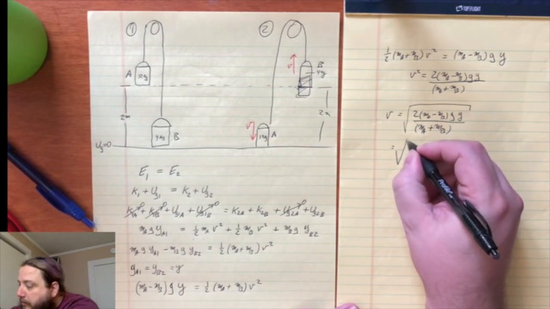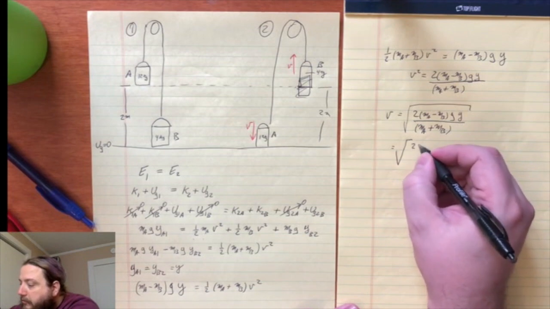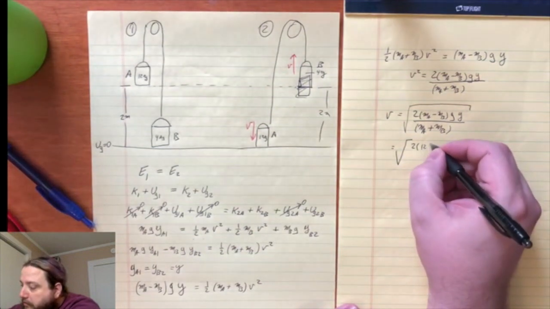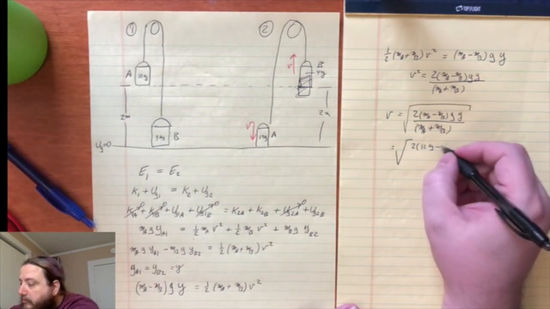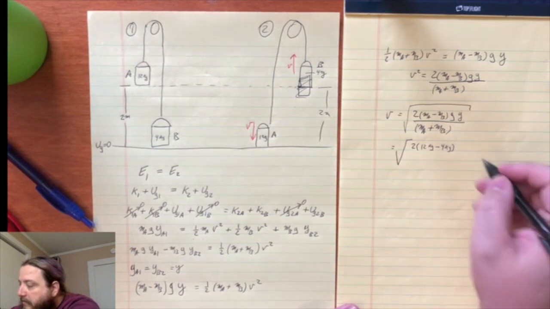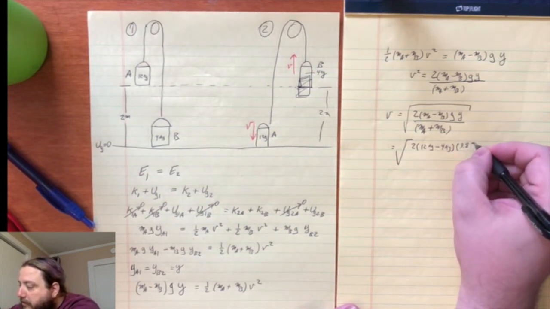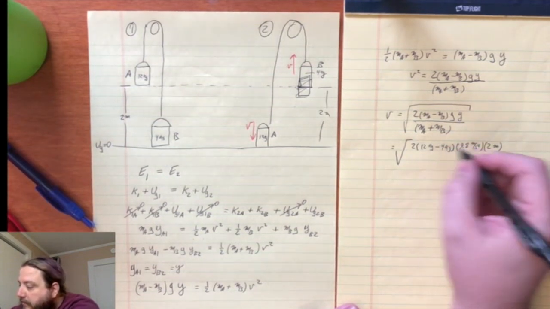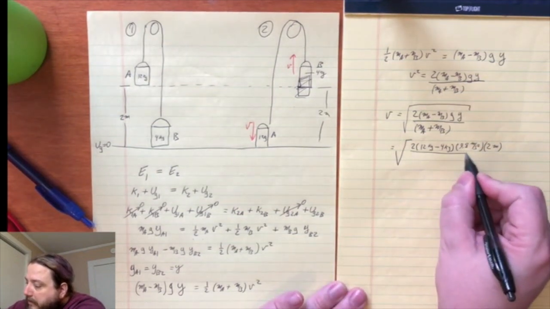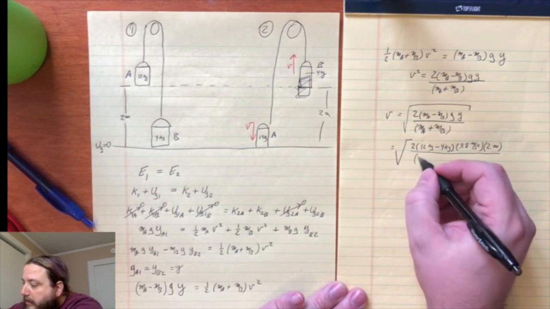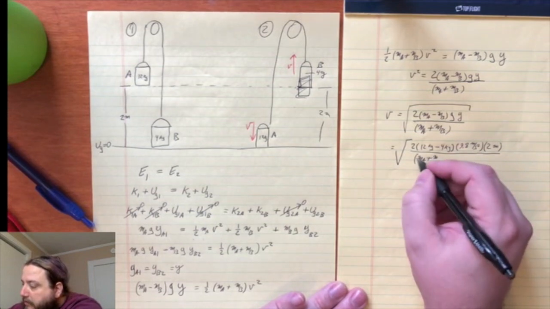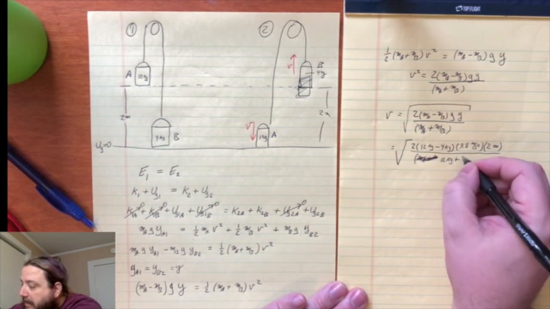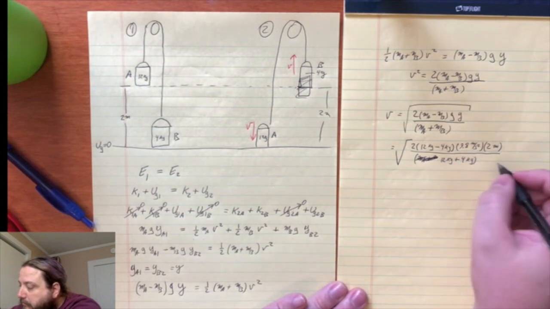Again, this is the square root of, at the top, 2 times mA, which is 12 kilograms, minus mB, 4 kilograms, times 9.8 meters per second squared, times our height of 2 meters, divided by mA plus mB, which is 12 kilograms plus 4 kilograms on the bottom.